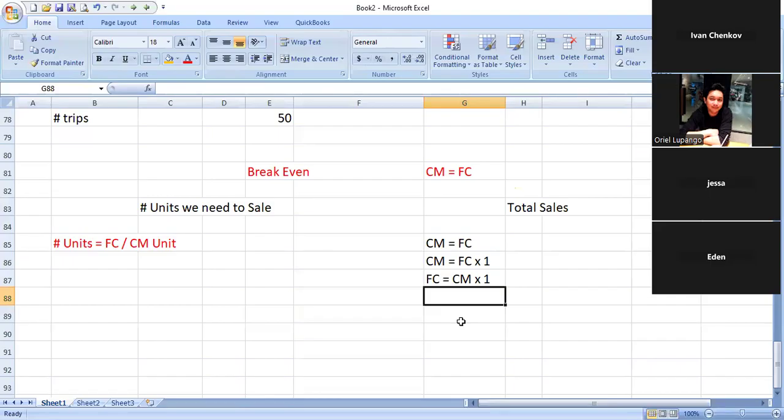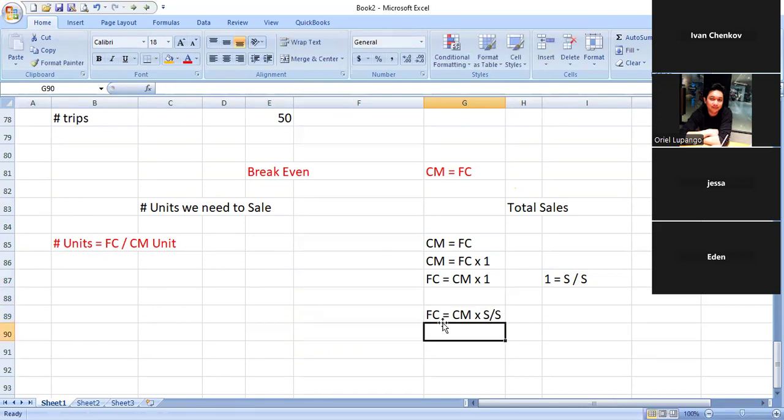But can I say that 1 is equal to sales divided by sales? Yes, Prof. So if I substitute 1 in the first formula, what am I going to have? I'm going to have fixed cost equal to contribution margin times sales divided by sales.